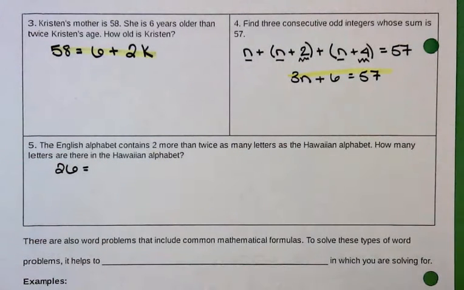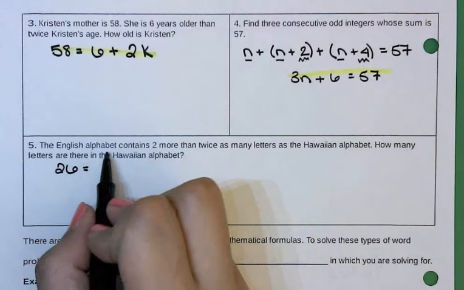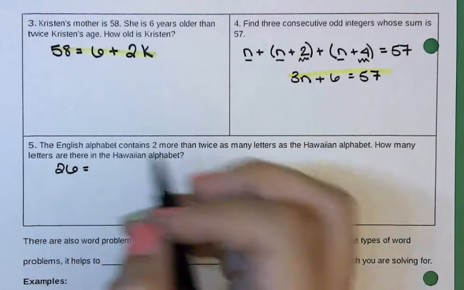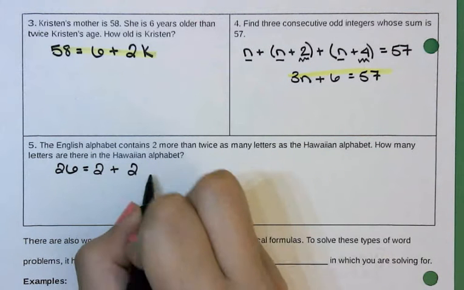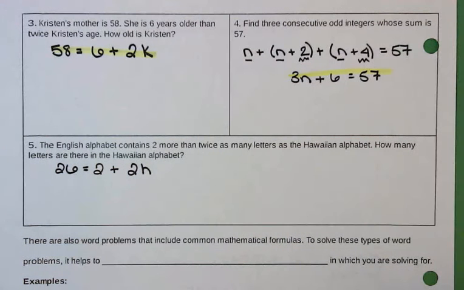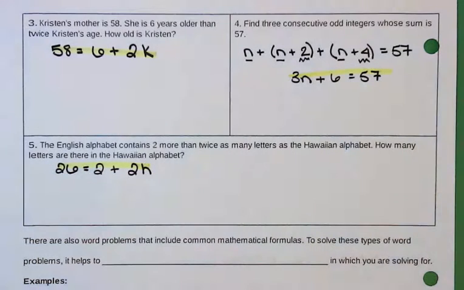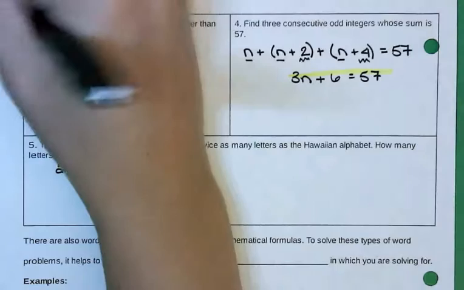So what I'd like you to do now is find solutions for the variables of 3, 4, and 5. So pause the video and give yourself a minute. So you should get that Kristen is 26 years old.